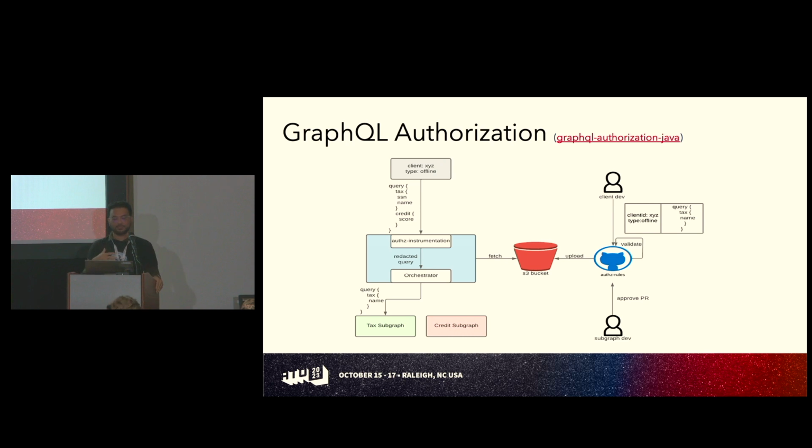Now at runtime, whenever the client gives a query, we are using the GraphQL authorization Java library, which is based on the instrumentation concept of GraphQL Java. It takes in the incoming query and the rules, and redacts the query so that the actual query being executed is a shorter one, clean and only with what access is allowed.